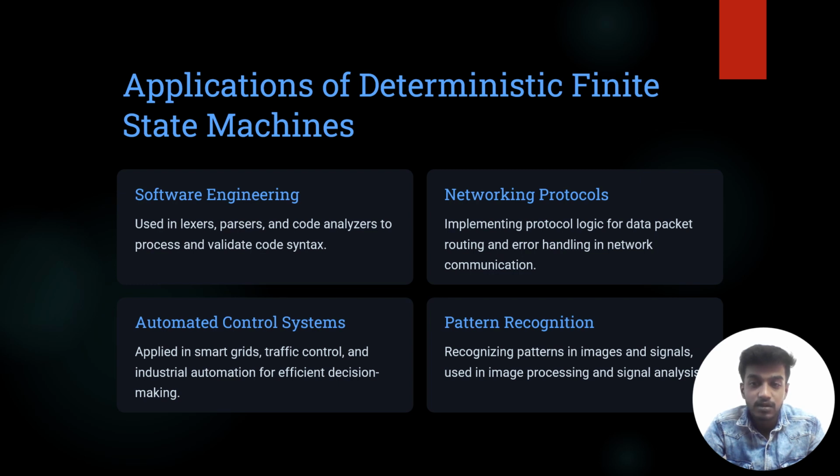Network protocols: for implementing protocol logic for data packets, routing and error handling in network communication. Automated control systems: applied to smart grids, traffic control and industrial automation for efficient decision making. Pattern recognition: recognizing patterns in images and signals, used in image processing and signal analysis.